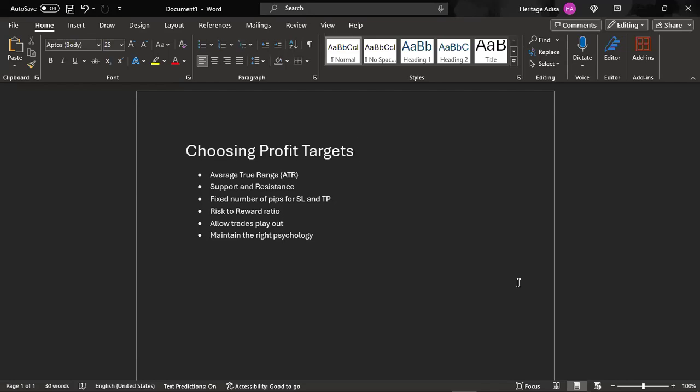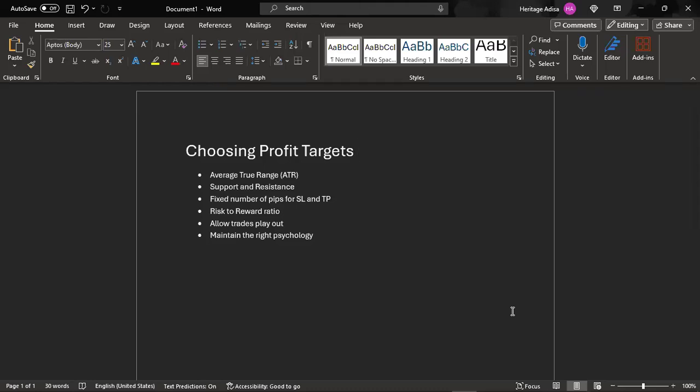Now, in trying to set take profit, how do I know how many pips to work with or not to work with? There are different things that you can work with when it comes to doing this. Some traders, or maybe some places that you've learned to trade before, would tell you to use a specific number of pips for their profit targets. So you hear things like, on my trades, I always set a 20 pips profit target.